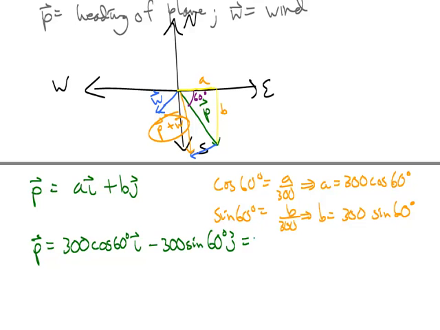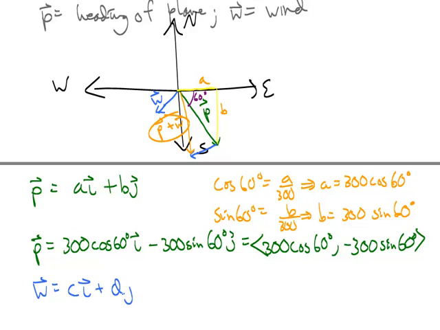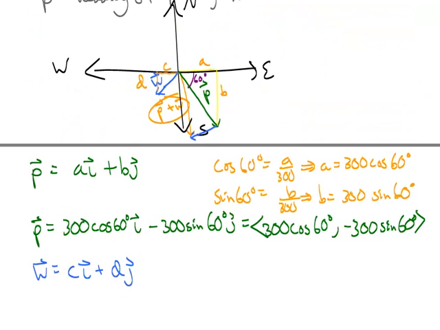Or if you like, in this component form, 300 cosine 60, negative 300 sine 60. Okay, we can do something similar for W. If I say W can be represented by c i plus d j, so here we're going to go C and D. Both of those are negative, but the reference angle here is 45 degrees, recall.